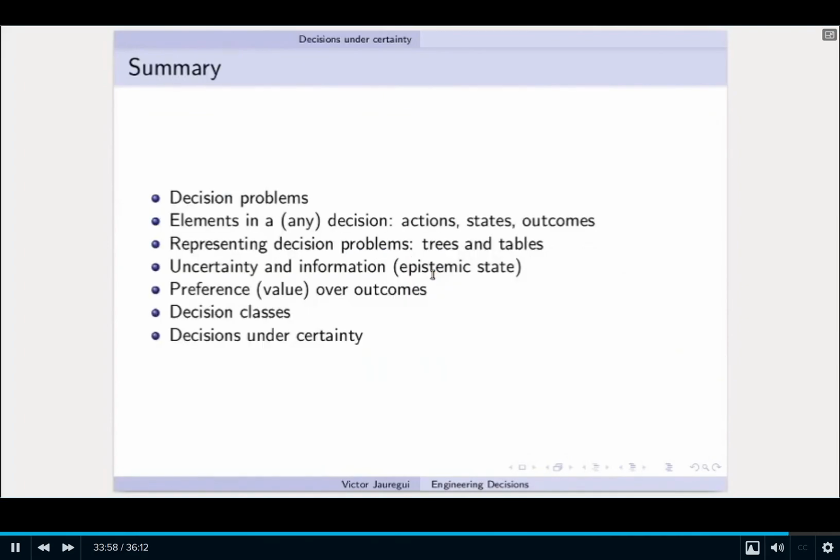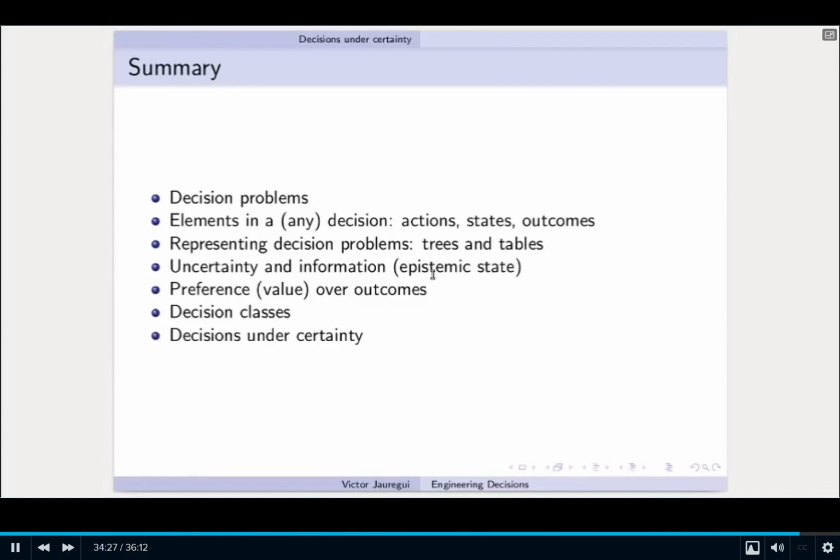Okay, so this wraps up this section of the course. So you should now have enough information to work on most of, if not all of, the first exercise set 1. So just recapping what we did, we introduced the idea of a decision problem, a situation in which we have to make a decision. We're trying to make the best decision we can.